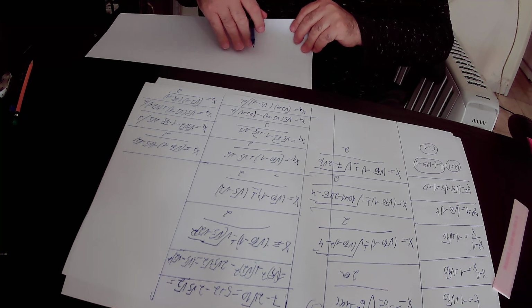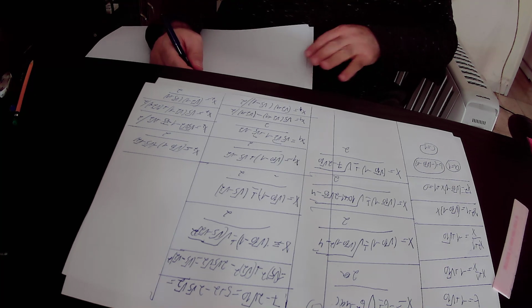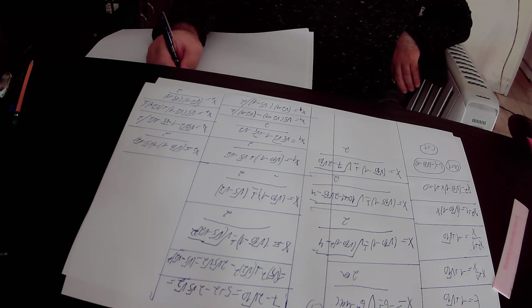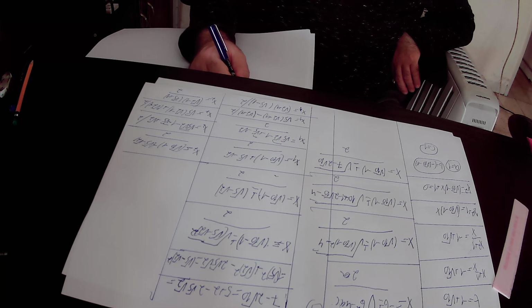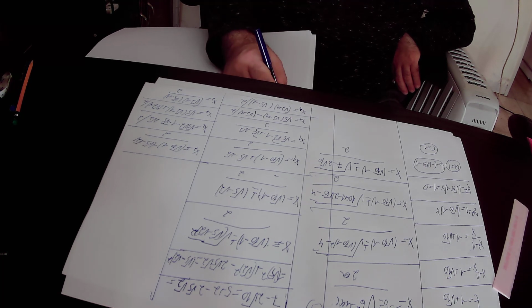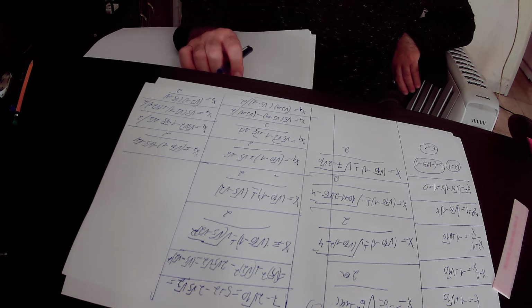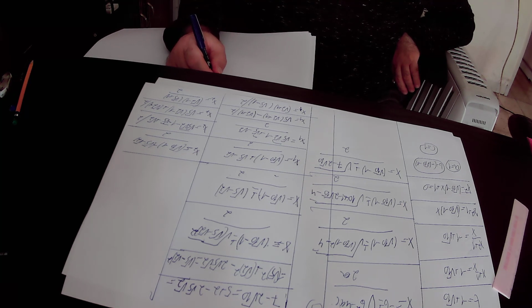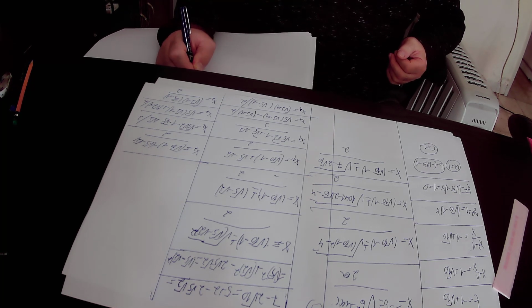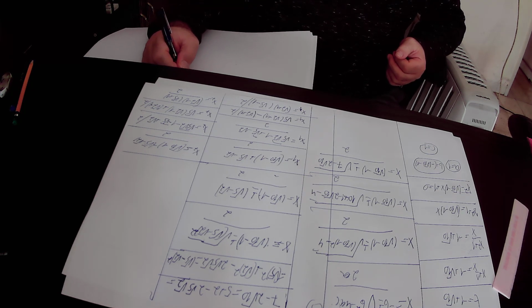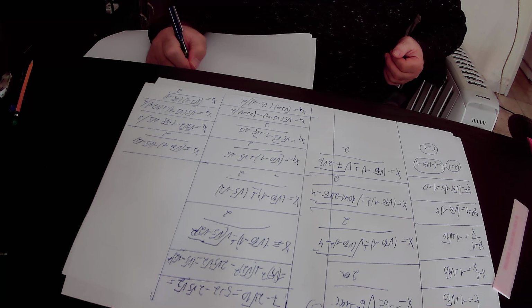But first of all, I will copy x1 and x2 in a new page, and we will multiply x1 by x2, and we get that x1 equals to square root of 2 plus 1 times square root of 5 minus 1 divided by 2, and x2 equals to square root of 2 minus 1 times square root of 5 plus 1 all divided by 2.